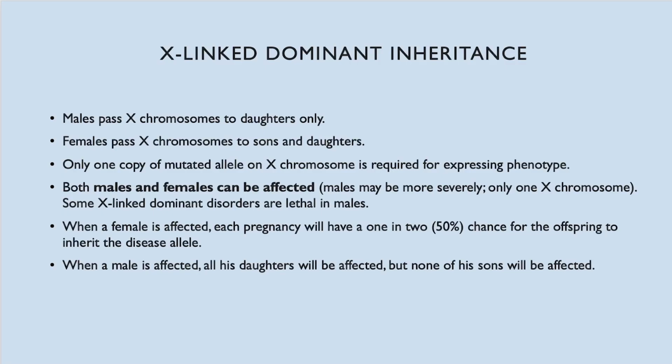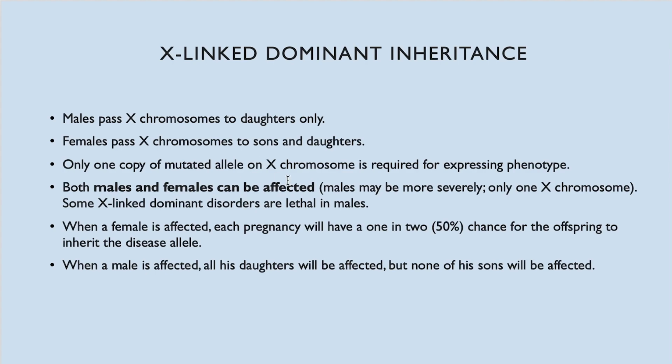In the case of X-linked dominant, the males will pass the X chromosome to daughters only, and females to sons and daughters. But in this case, the difference is that only one copy is required for expressing the phenotype, so males and females can be affected.